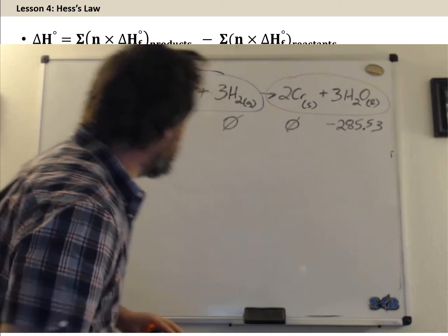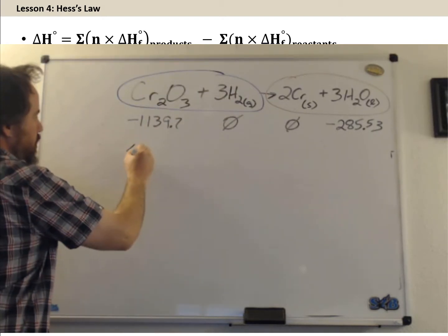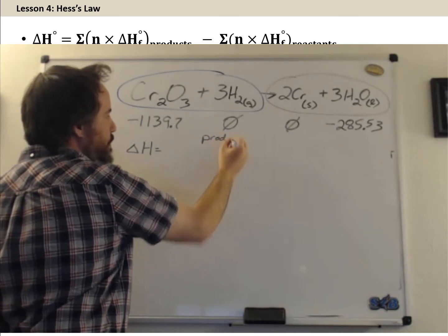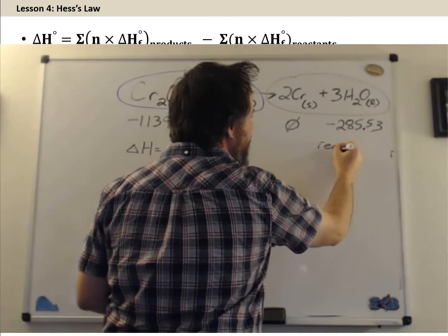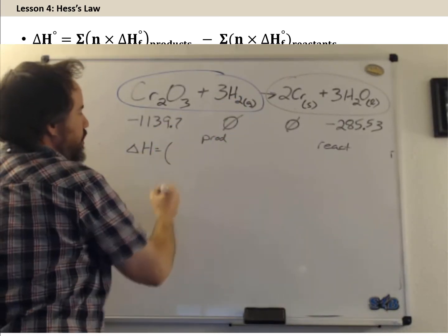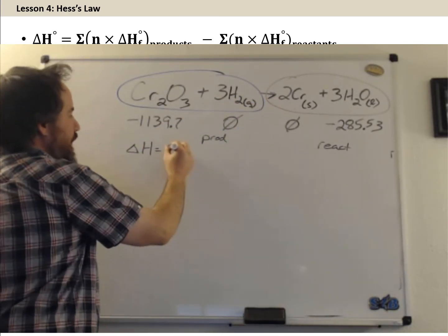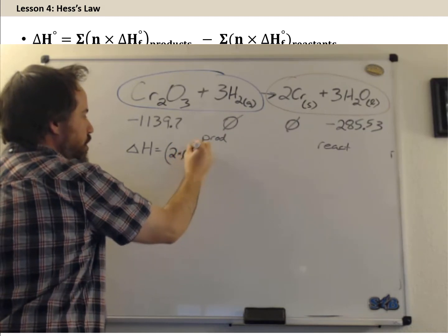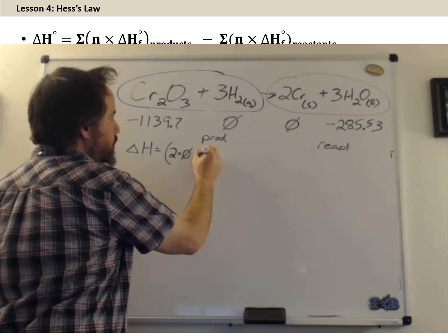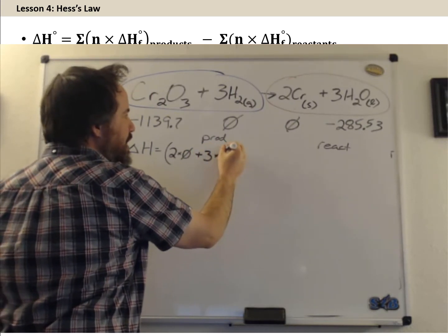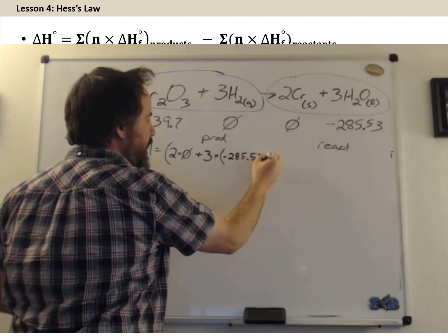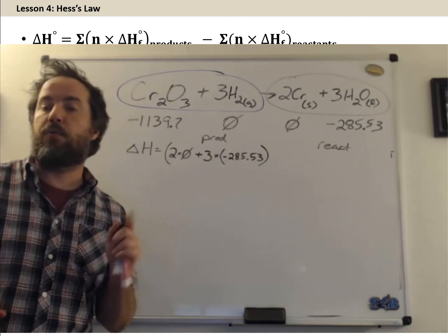So my delta H will be the delta Hs for my products minus my reactants. For my products, first I have chromium, it's 0. So I can do 2 times 0, or just 0, I didn't even have to include that 2, plus 3 times negative 285.53. Be very careful with the signs.